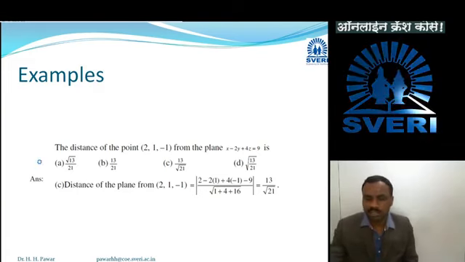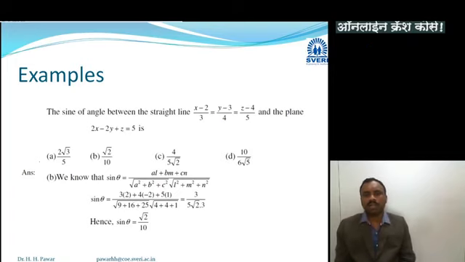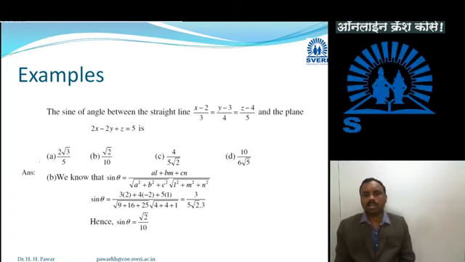Next, the sine of the angle between the straight line (x minus 2) upon 3, (y minus 3) upon 4 equal to (z minus 4) upon 5, that is the equation of a line passing through the point (2, 3, 4) having direction ratios 3, 4, 5, and the plane 2x minus 2y plus z equal to 5. So here A equal to 2, B equal to minus 2, and C is equal to 1 in this case.